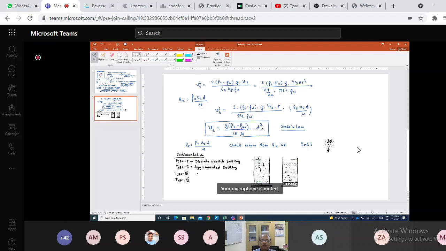Okay, and then we have type 3 settling, where you can see there will be a zone here where the velocity is a function of the concentration of this zone. They actually settle like a blanket or a zone.